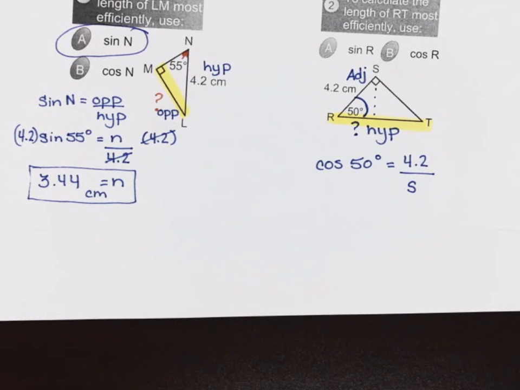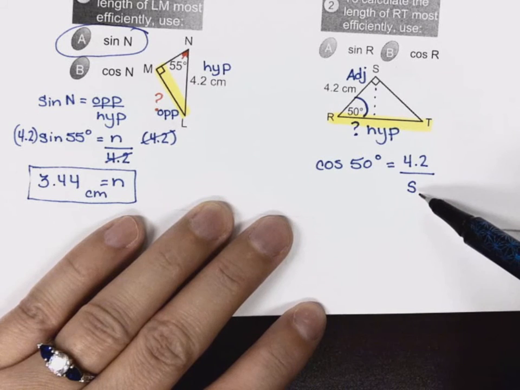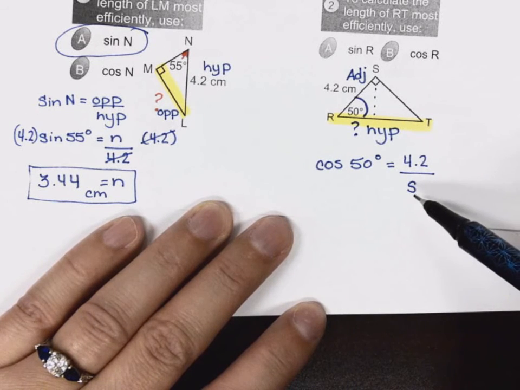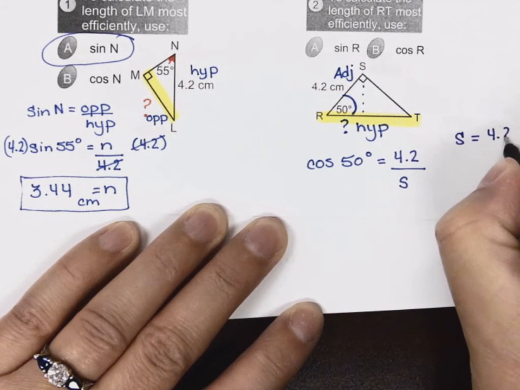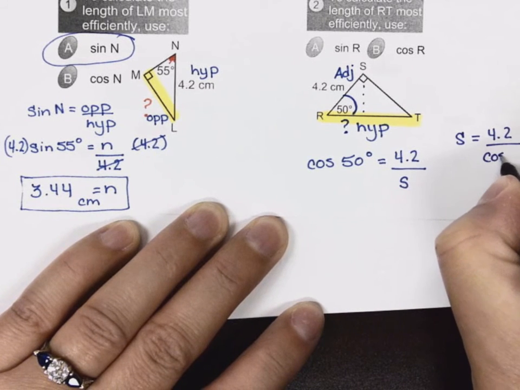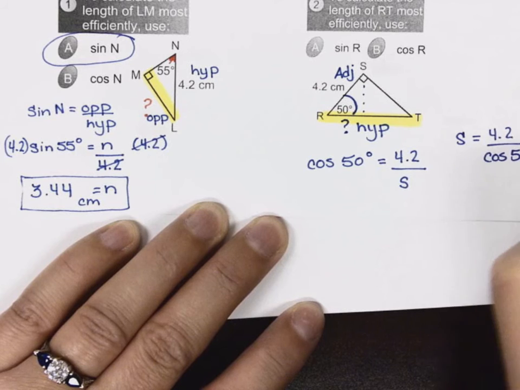You can know the math behind it. You can cross multiply. But I know when my variable's on the bottom, it ends up becoming a divide question. I switch these 2 places. So s is going to equal 4.2 divided by cos of 50 degrees.